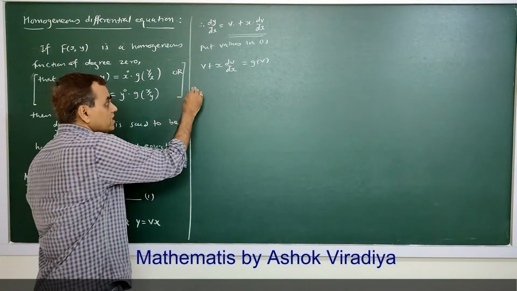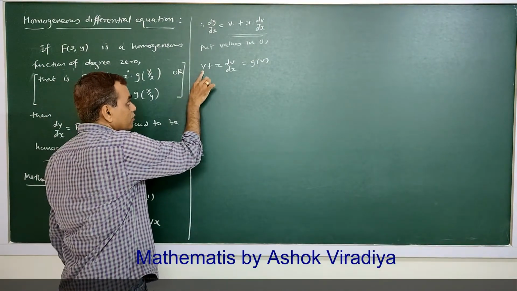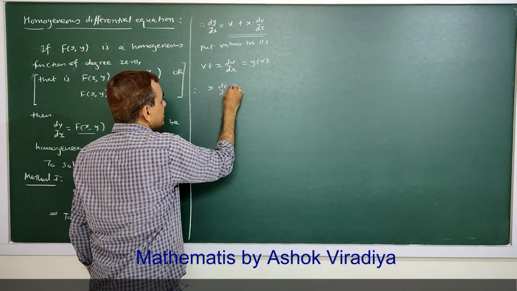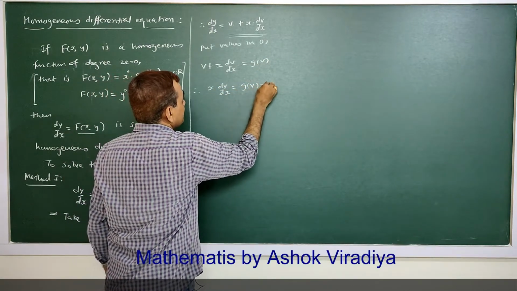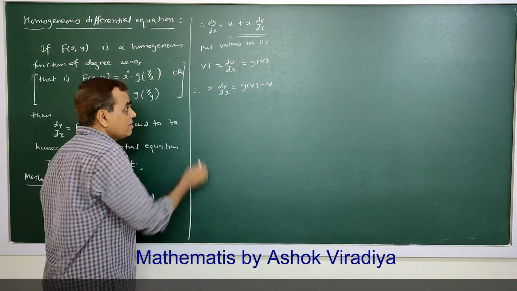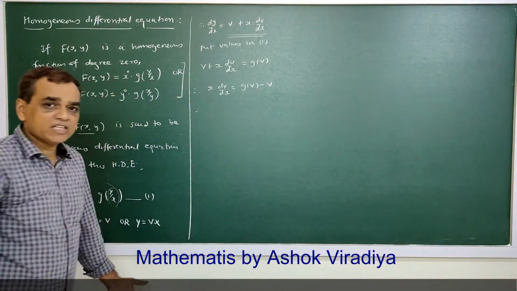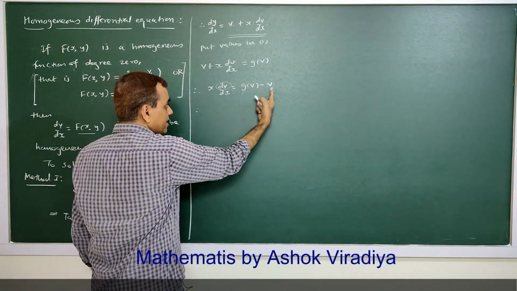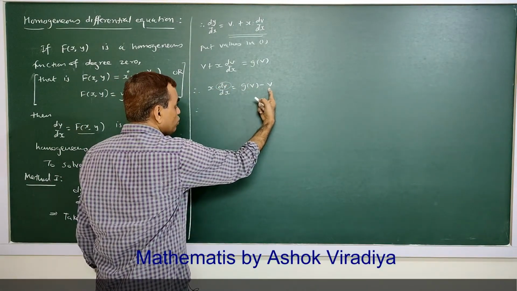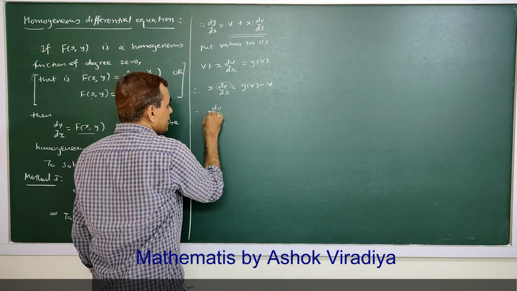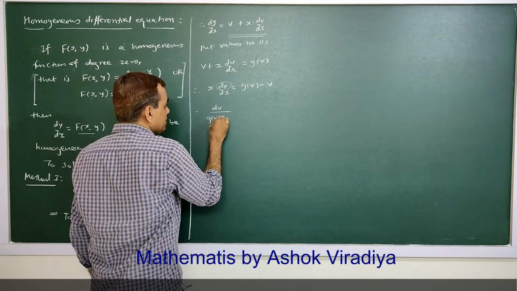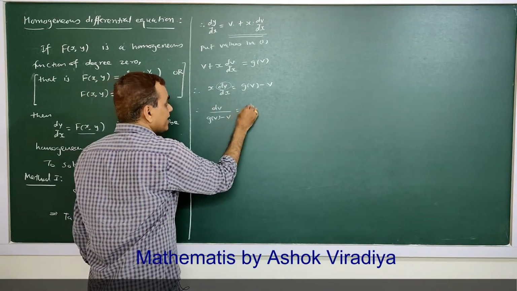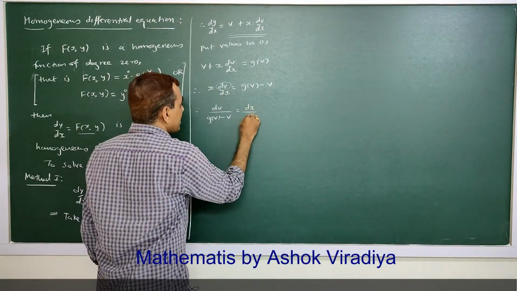So then to solve this equation, this v shifts to the other side. In every such problem, v will be shifted to the other side. Now converting this into variable separable form with dv, take this g of v minus v towards the dv side. So dv upon g of v minus v, and this dx on the right-hand side, this x on this side.